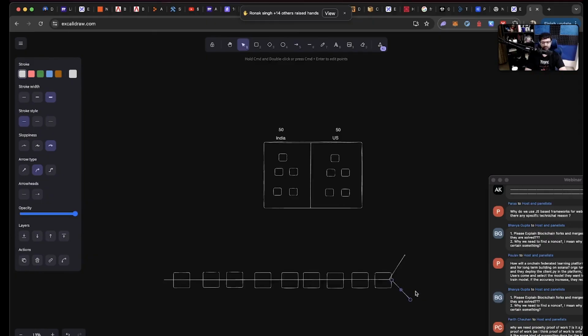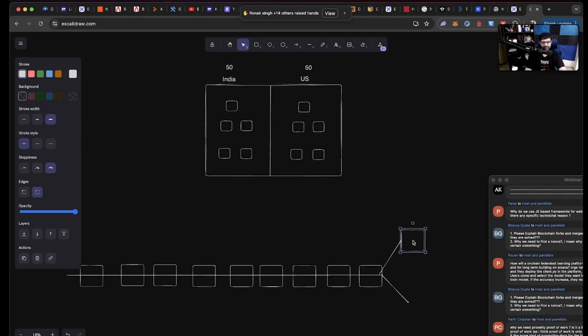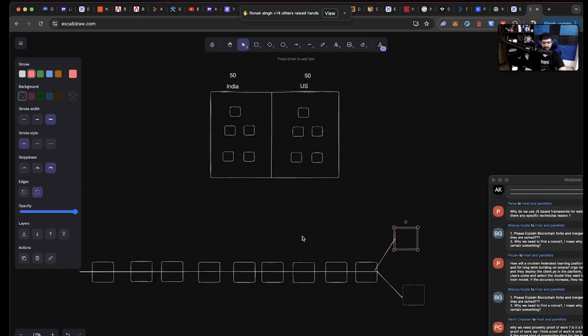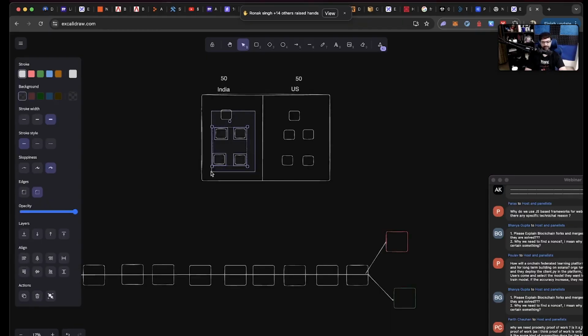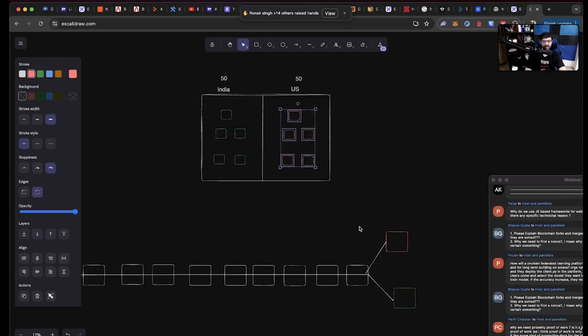Since the US machines are closer to the US, this block reaches these guys first. They all accept the US block, which has all the US transactions. And then the India people accept the India block. And this keeps on happening. Now the chain is forked. 50% of the machines think this green blockchain is the right one, and 50% of the machines think this red blockchain is the right one.